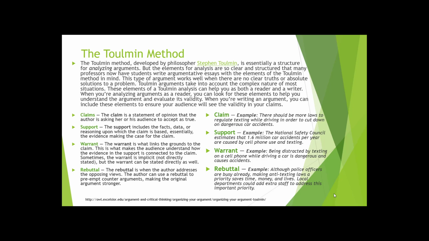So the warrant here that's connecting the support to the claim is that being distracted while texting while driving is dangerous and causes accidents. Makes sense, right? We don't necessarily have to state that for this support to match up with the claim. So a lot of times the warrants in an argument are not explicitly stated. They're just assumed or understood.